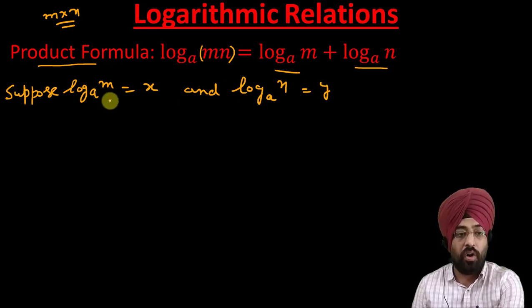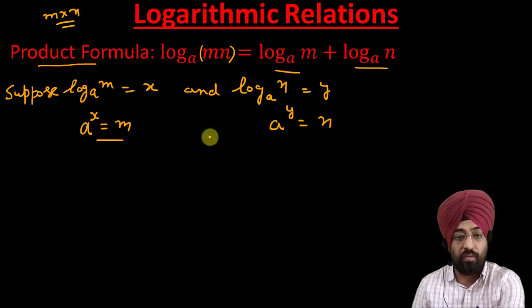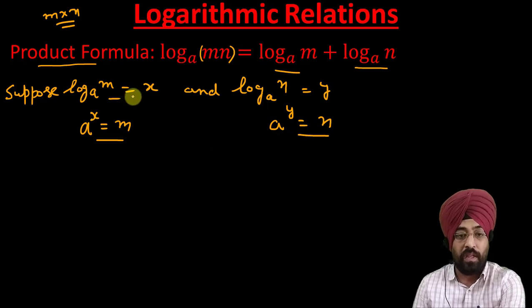So log of m with base a we have assumed as x and log of n with base a we have assumed as y. Now we will write their exponential forms. It will be a raised to the power x is equal to m, and a raised to the power y is equal to n. So these are two relations that we have got from what we have assumed.